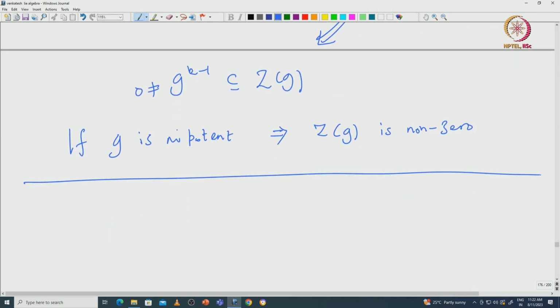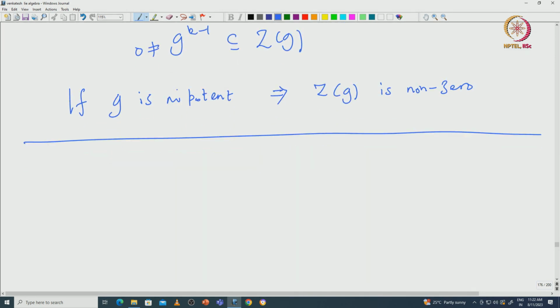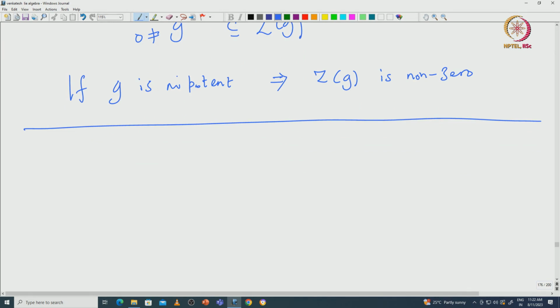So, this actually kind of recalls some basic properties. Here is some observation. We will unravel the definition of nilpotent and then see what it means in terms of the adjoint operators. Okay. So, let us say G is nilpotent and then G^(k+1) is 0.